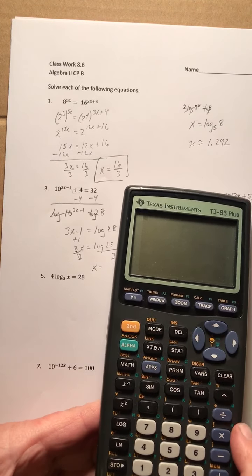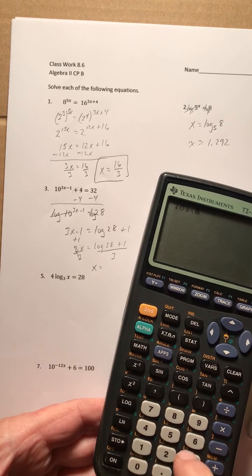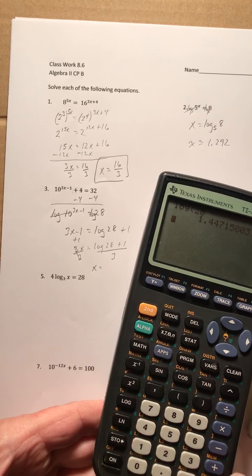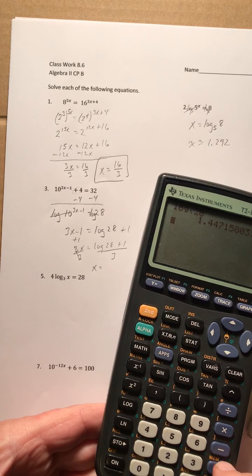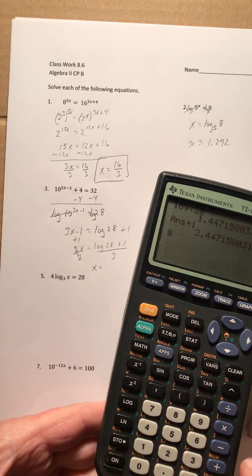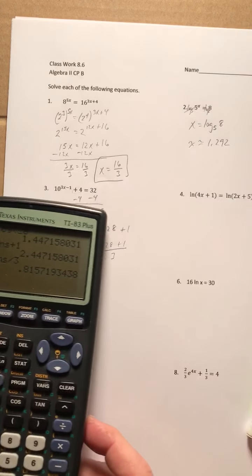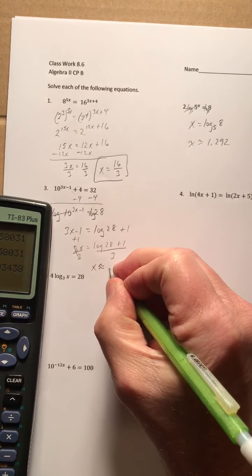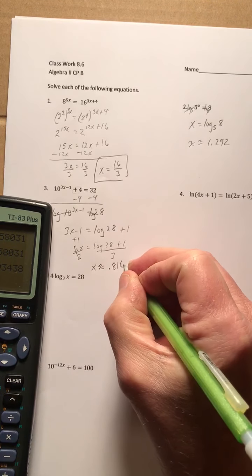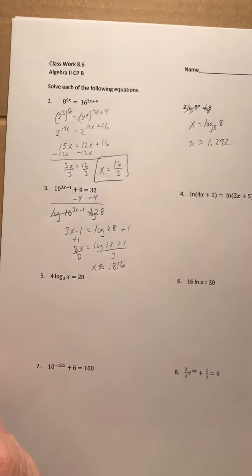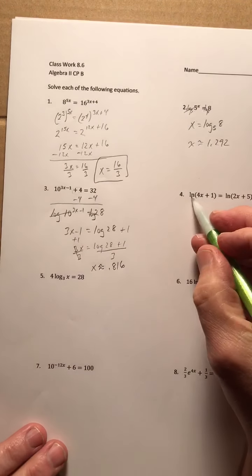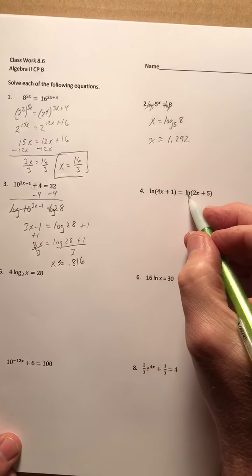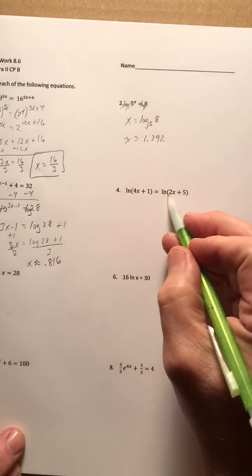So again, I'm going to do log 28, hit enter, then plus 1, enter, then divide it by 3, enter. And I get my answer. It's approximately 0.816.